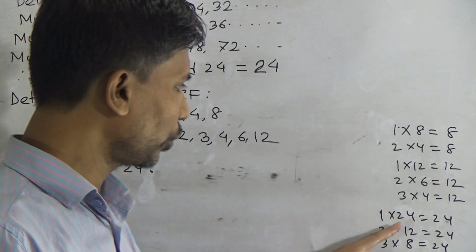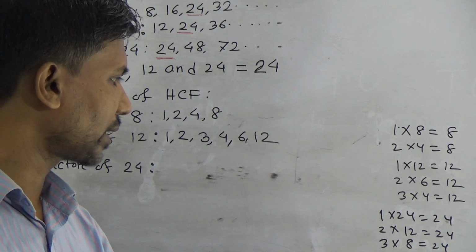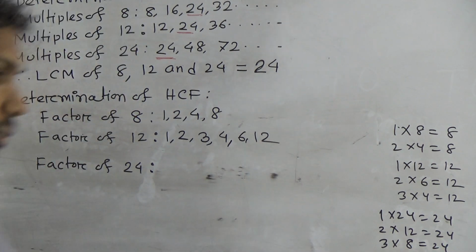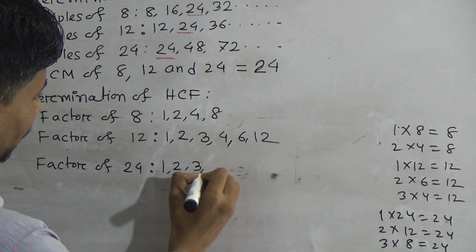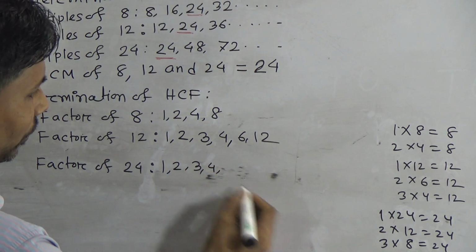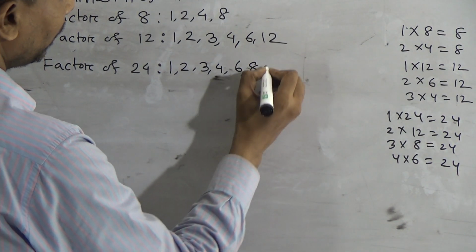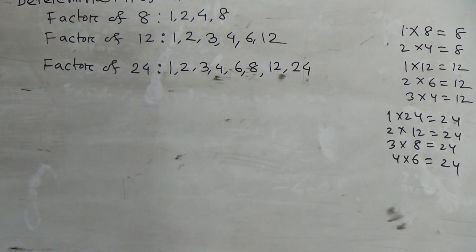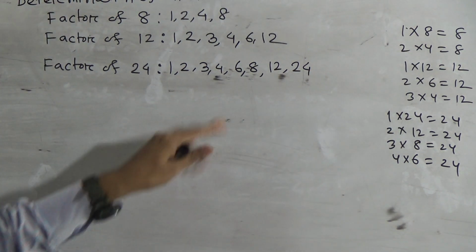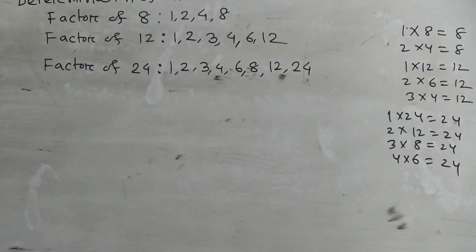Look, 1 into 24 equal to 24, 2 into 12 equal to 24, 3 8s are 24, 4 6s are 24. Therefore, the factors of 24 are 1, 2, 3, 4, then 6, 8, 12, 24.